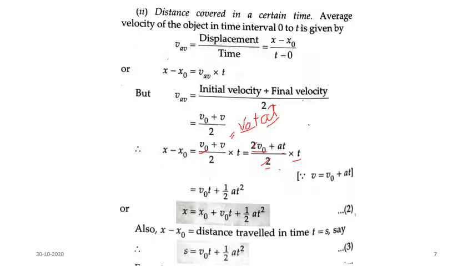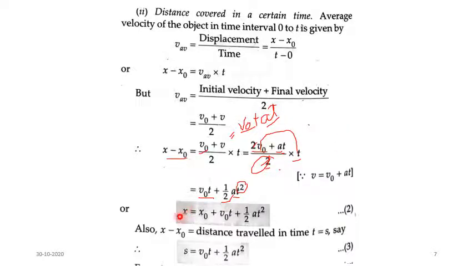So I have v0 multiplied with t, v0 t. And here, half, and then at times t will give me at square. So x minus x naught equals v naught t plus half at square.